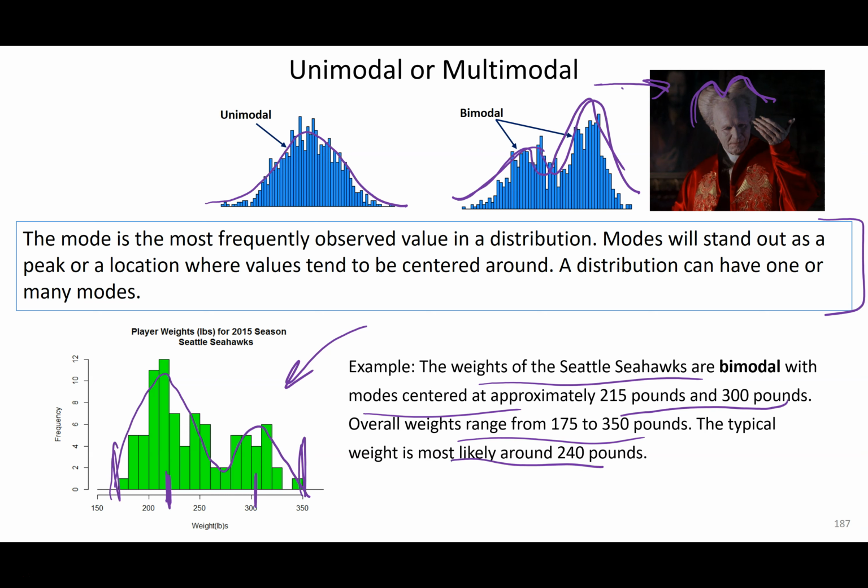The typical weight's most likely around 240, so somewhere around here. And I'm okay if you say, oh, the typical one is probably between here and here. Most of the time, if it is bimodal, we're not going to be too concerned with you giving us all the same information as usual. If you tell us it's bimodal and tell us where both of the peaks are, that tends to be as far as it goes, since it's a lot harder to figure out what the typical value will be. But if it's unimodal, absolutely, we'll want all of that information. Absolutely.